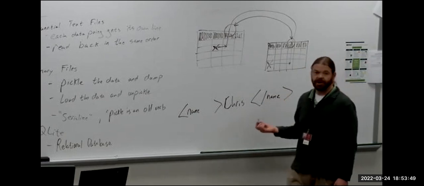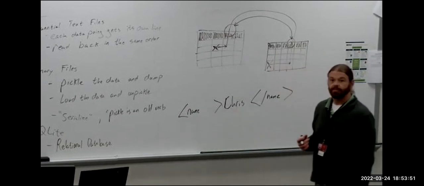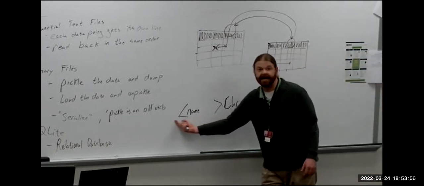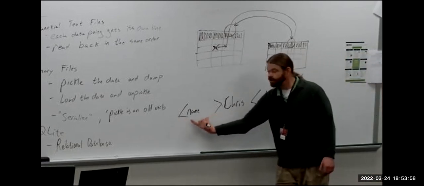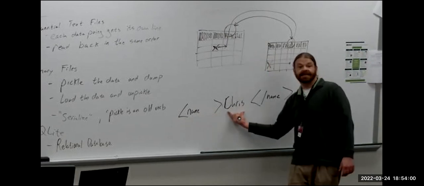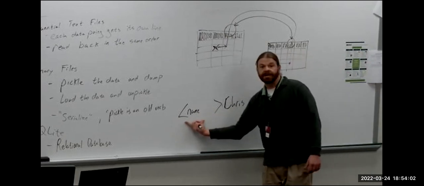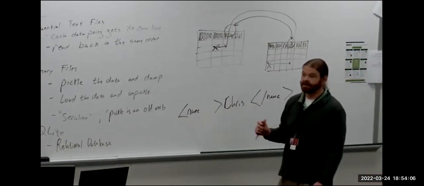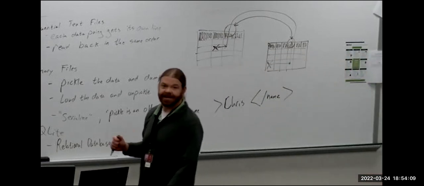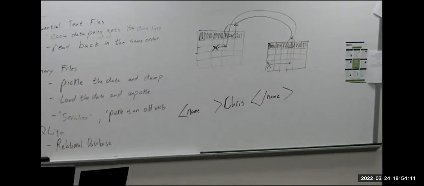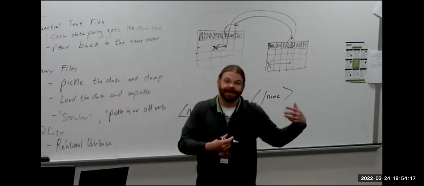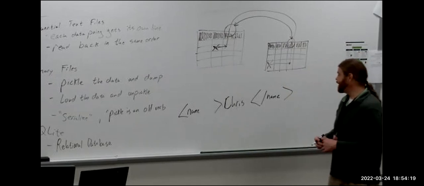So a little bit more work for a human, but it's really good for a CPU because every piece of data then includes the data itself, where it starts, and where it stops. So we don't have to worry about size or anything. There's explicitly a mark that says the data starts here, then the data itself, and then a mark that says the data ends here.